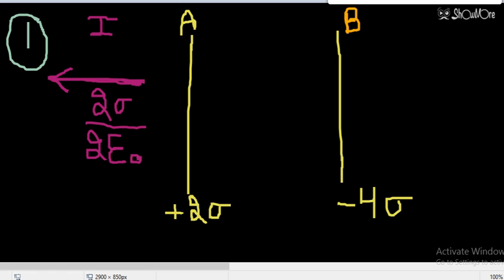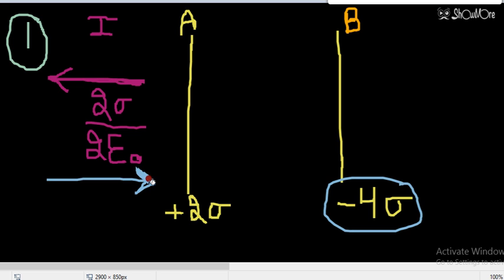Now electric field due to this negative charge sheet will be along this direction and its magnitude will be equal to 4 sigma by 2 epsilon naught, because we have the formula sigma by 2 epsilon naught for the electric field where sigma is charge density.